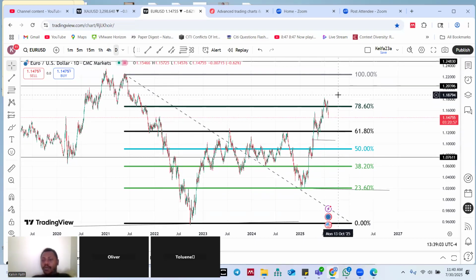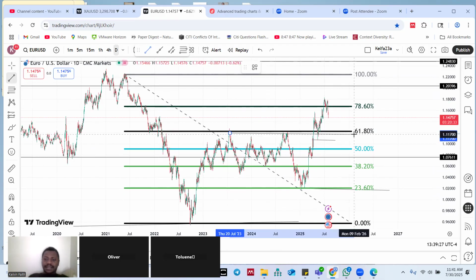So what do we expect from where price is right now? We had a move to the upside, which gave us equal highs. Price drops and then became a failure swing. And then impulsively price moves to the upside to break structure, to break these highs.